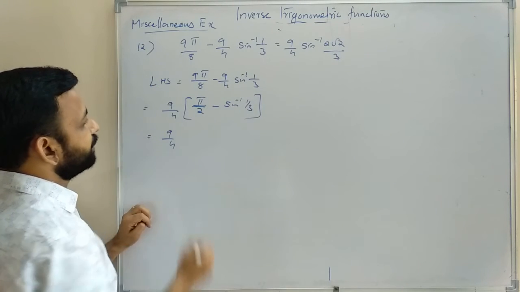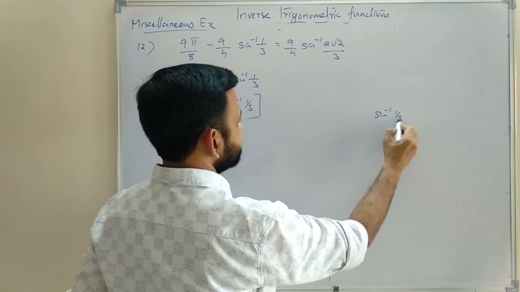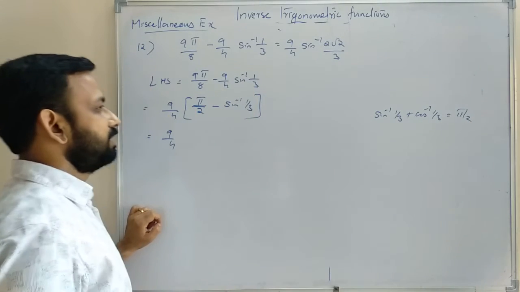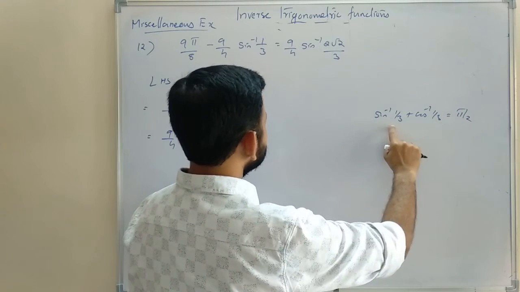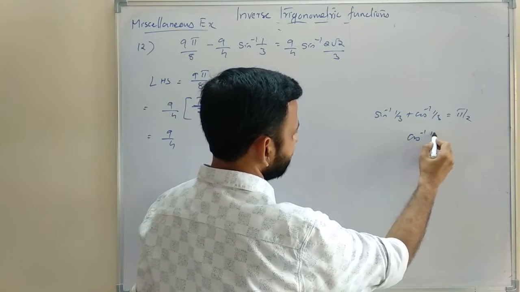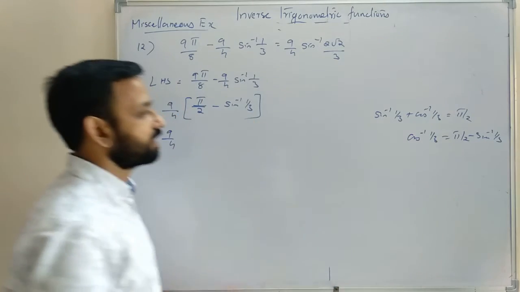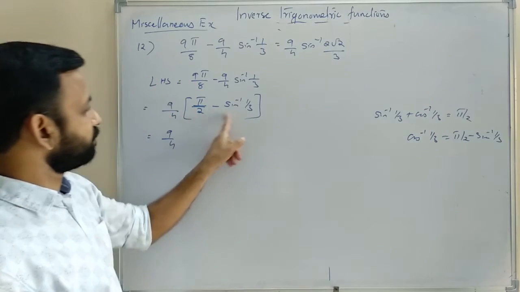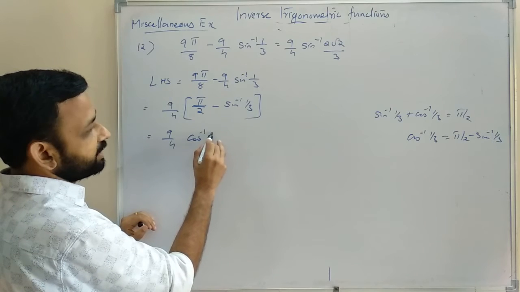We know sin inverse 1 by 3 plus cos inverse 1 by 3 is equal to pi by 2. Therefore pi by 2 minus sin inverse 1 by 3 equal to cos inverse 1 by 3, so it can be replaced by cos inverse 1 by 3.